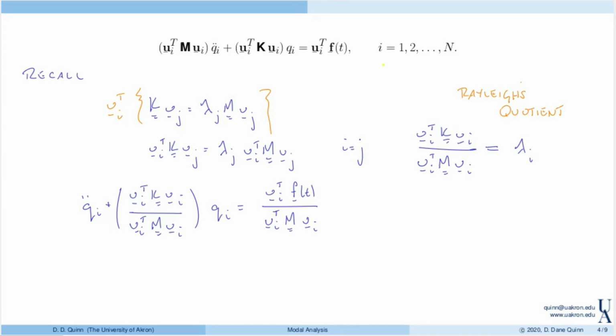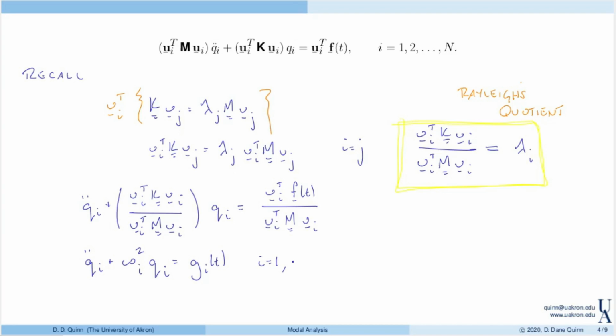So now we'll make use of Rayleigh's quotient, and that represents effectively the stiffness of this modal equation. So this simplifies to qi double dot plus omega i squared times qi equals some forcing gi.